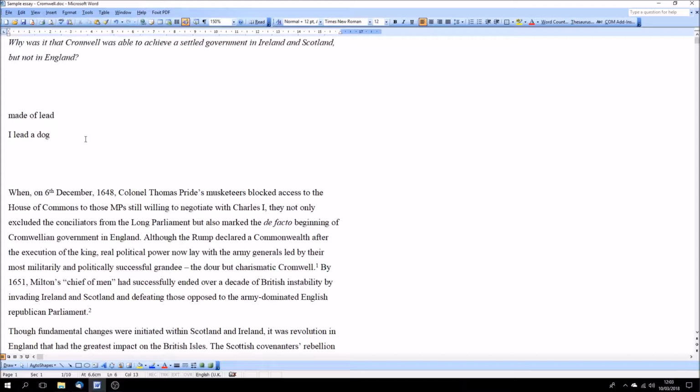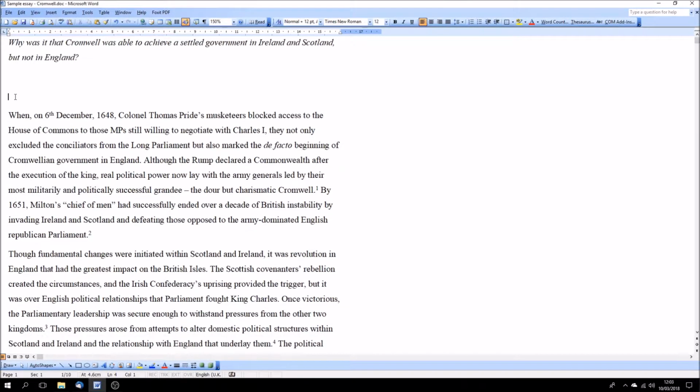When you read an essay out loud, you will often find that you've written sentences too long or too convoluted or too difficult to understand, and you should then go back and edit your essay and simplify the structure so that the sentences themselves make sense. That's often a problem, I must admit, with some essays that I've marked.